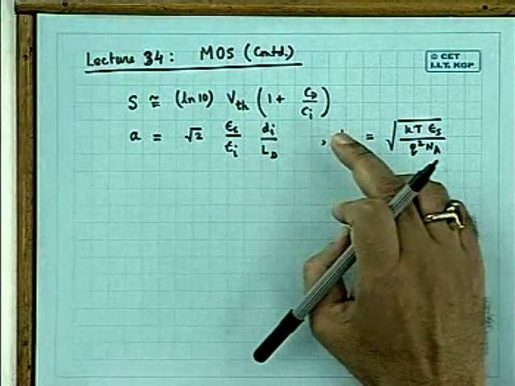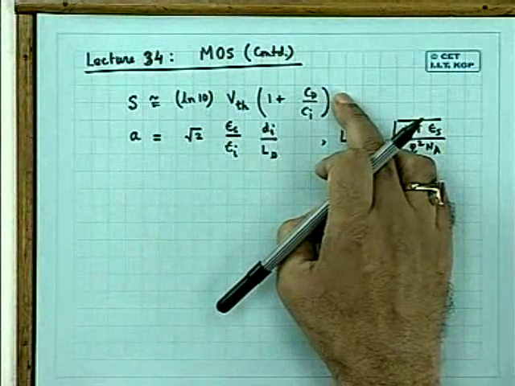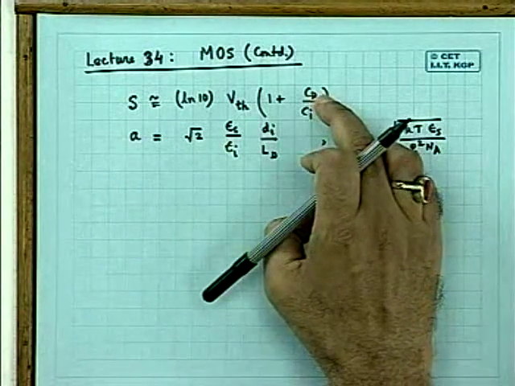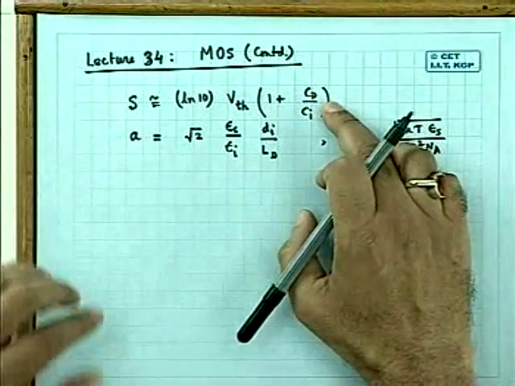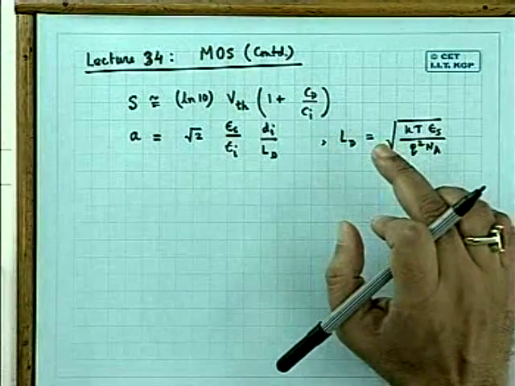However, if I assume that A is very large, then the equation gets simplified to this, where we know CD is related to the depletion layer thickness, and depletion layer thickness is inversely related to the square root of Na and directly related to the square root of psi S. So we know how we can calculate S for the different values of this.